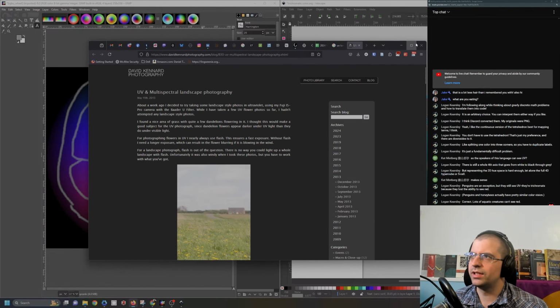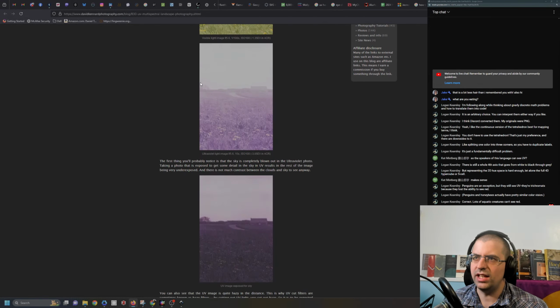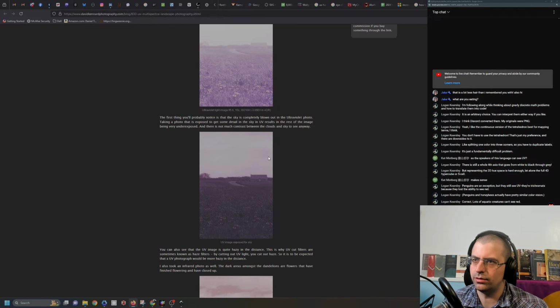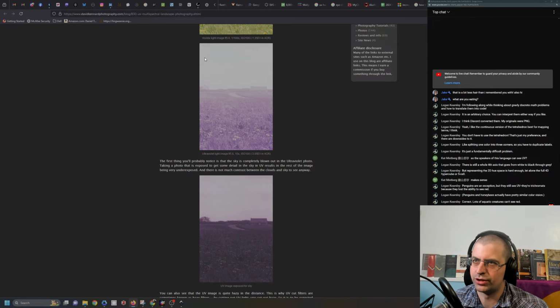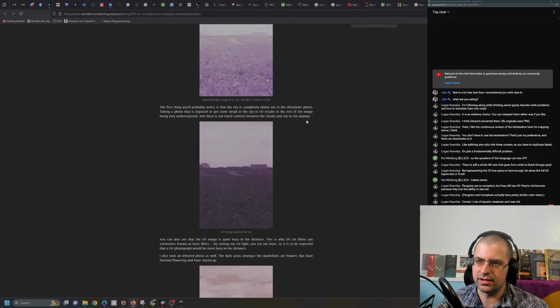This blog actually talks about it. You can see this farmhouse is not very far away, but you've got all this haze, to the point where he has to do some white balance and color correction to avoid it just blowing out his camera, right?